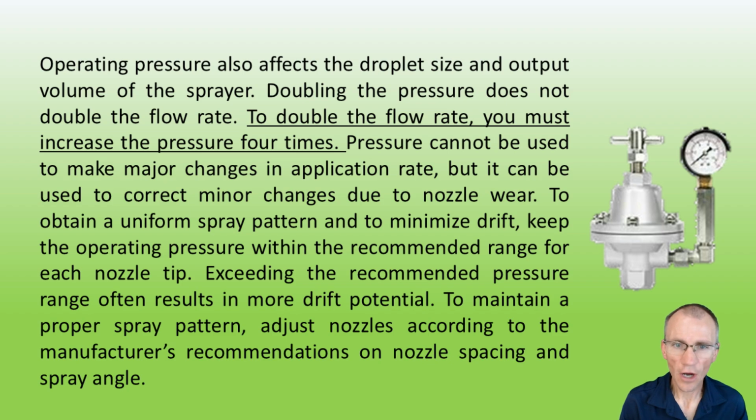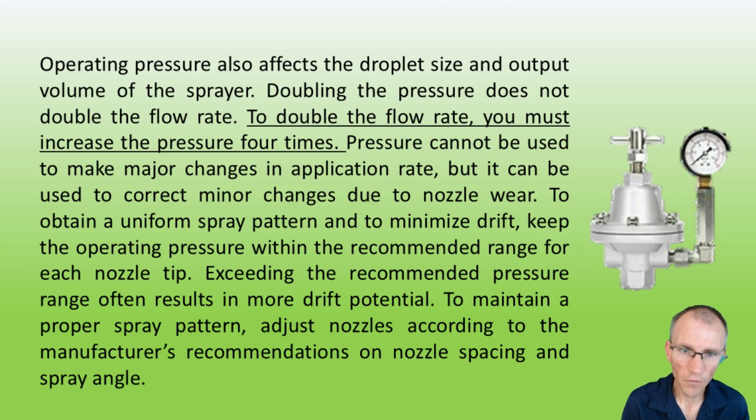Operating pressure also affects the droplet size and output volume of the sprayer. Doubling the pressure does not double the flow rate. To double the flow rate, you must increase the pressure 4 times. Pressure cannot be used to make major changes in application rate, but it can be used to correct minor changes due to nozzle wear.